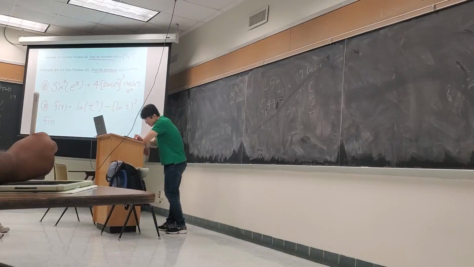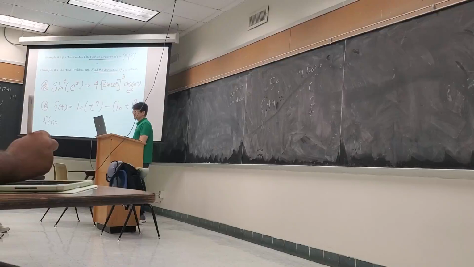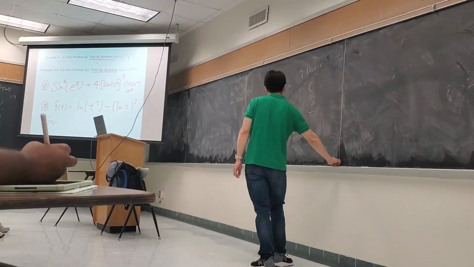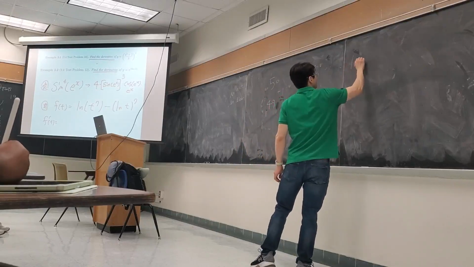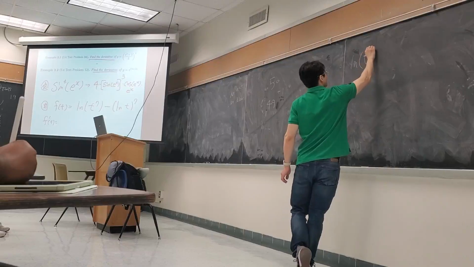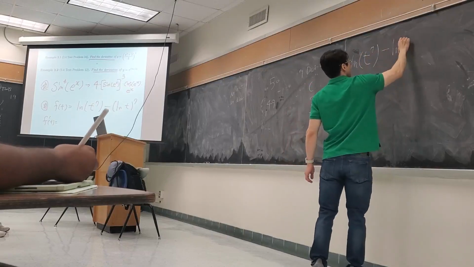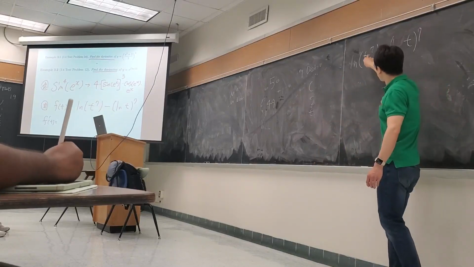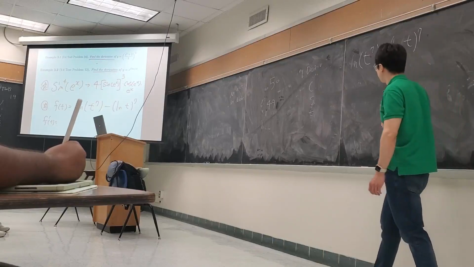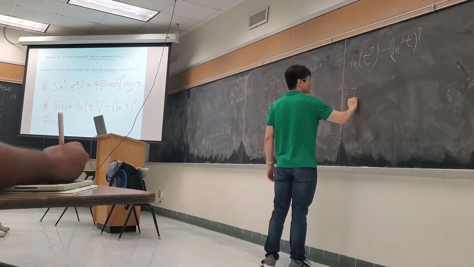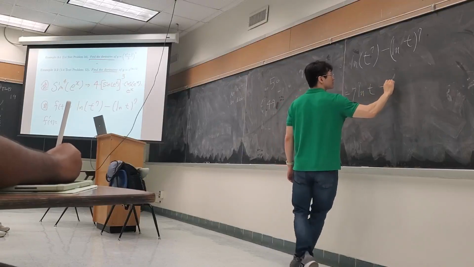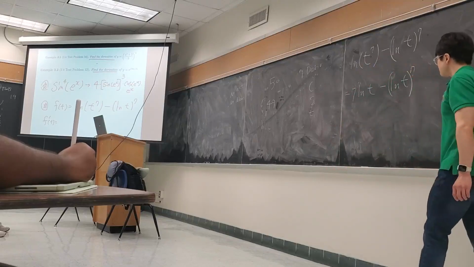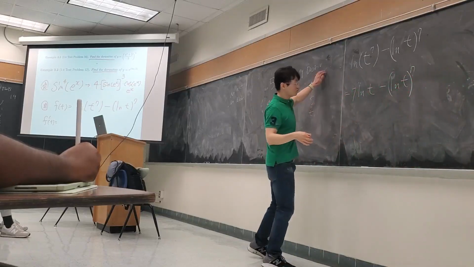What about this one? ln to the power t. The difference is we have the power inside versus outside. Then you can use the formula.